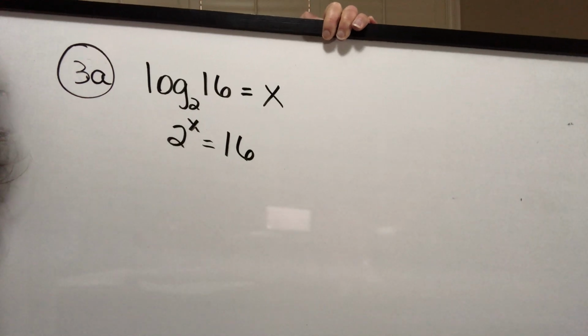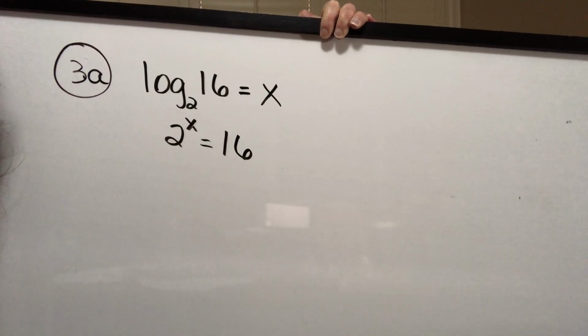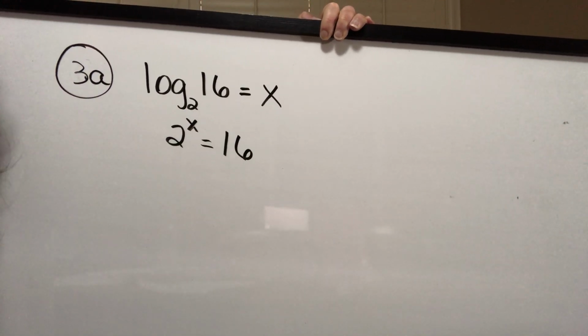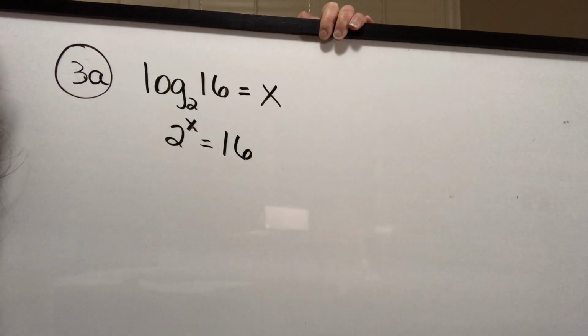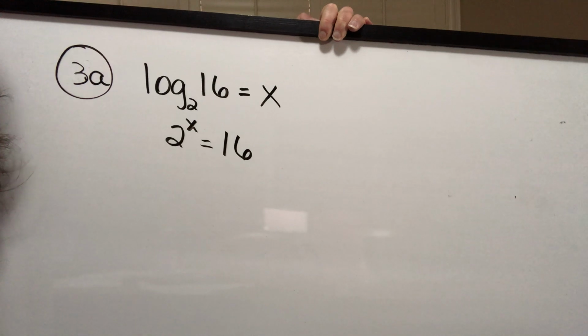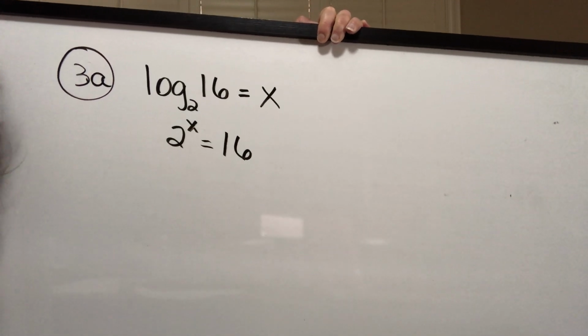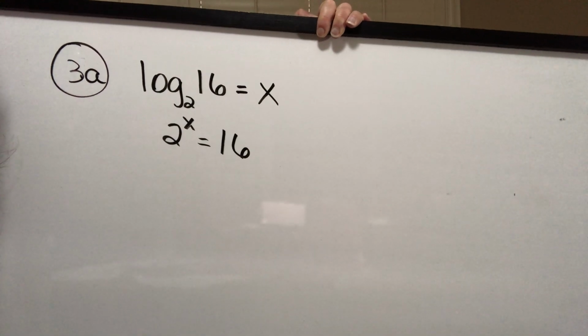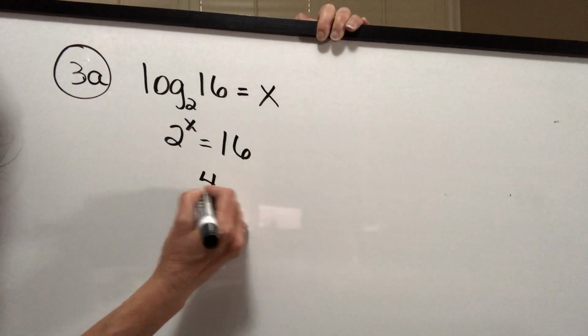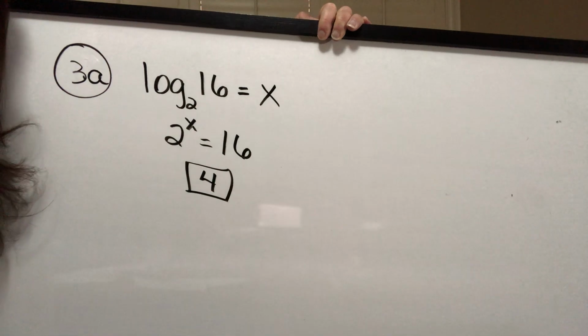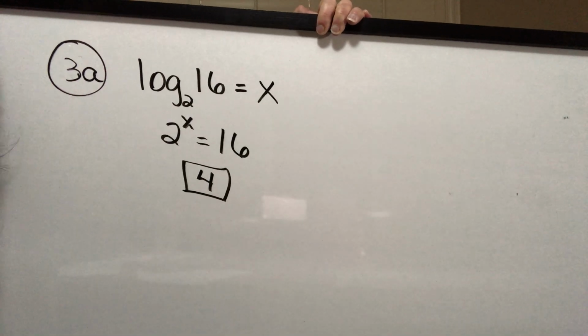So without a calculator, you just have to kind of think about multiplying by 2's. So if you did 2 times 2, that would be 4. If you did 4 times 2, that would be 8. And if you did 8 times 2, that would be 16. So that means you multiplied by 2 4 times. So the answer would be 4, because 2 raised to the 4th power is 16.